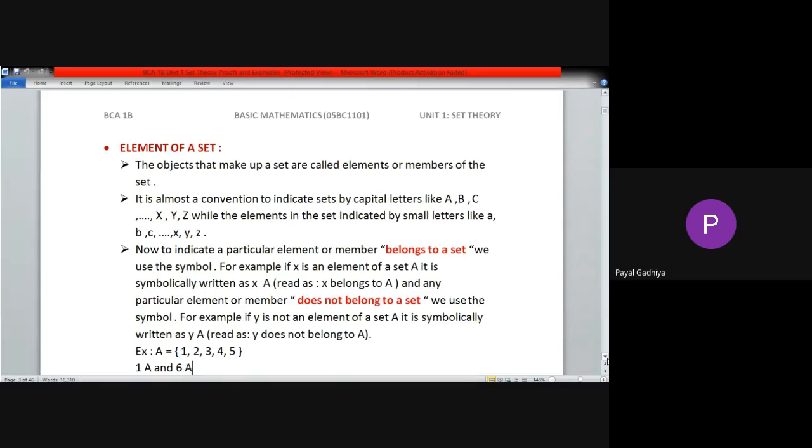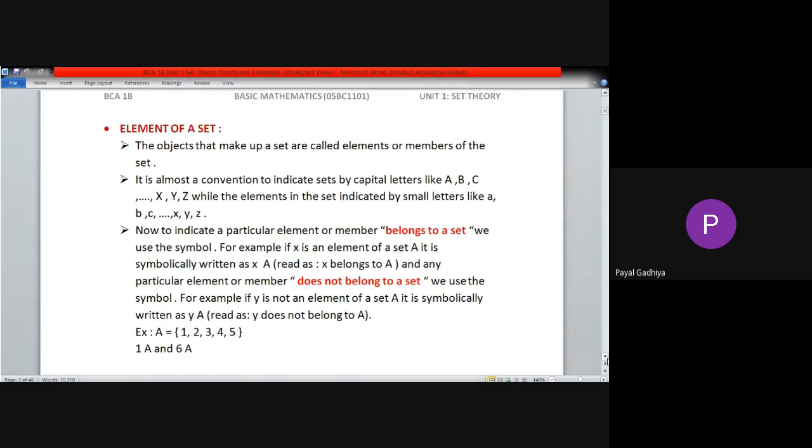Now to indicate a particular element or member, we use the symbol belongs to. Like we want to say that 3 is an element of N. So you will write 3 belongs to A, 3 belongs to N, then 5 belongs to N, then minus 3 belongs to Z. So these are the representations of how we can write the relation of elements with sets.